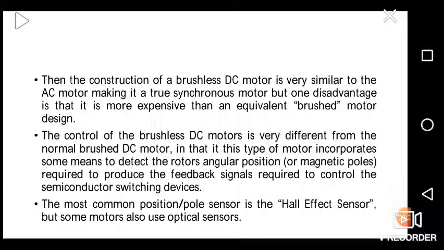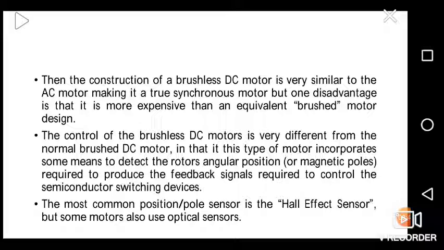The construction of a brushless DC motor is very similar to the AC motor, making it a true synchronous motor, but one disadvantage is that it is more expensive than an equivalent brushed motor design.